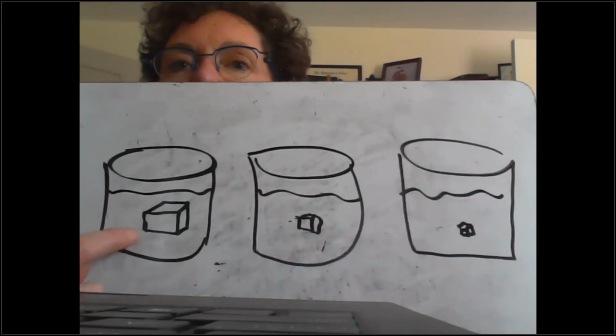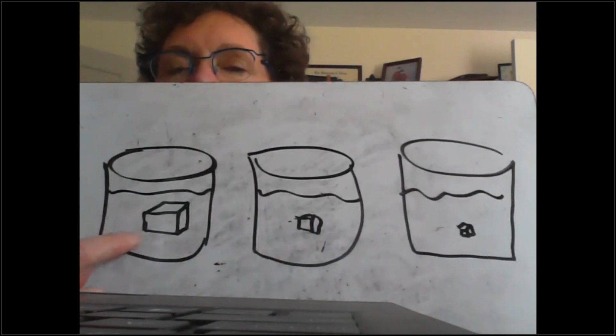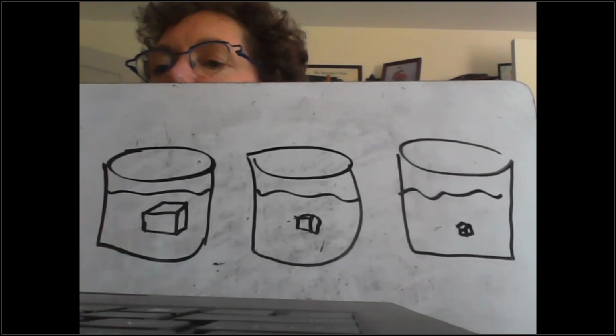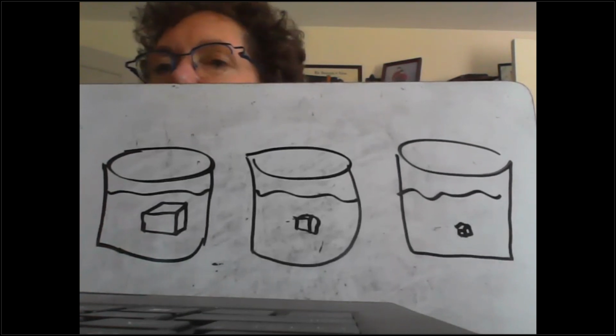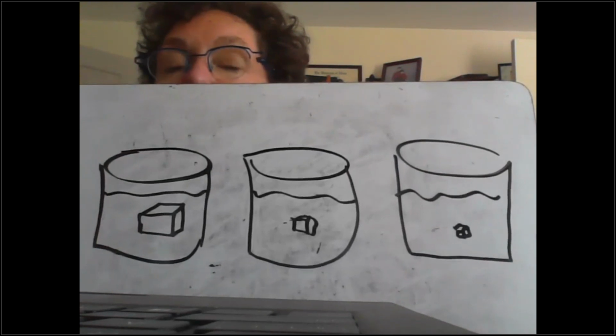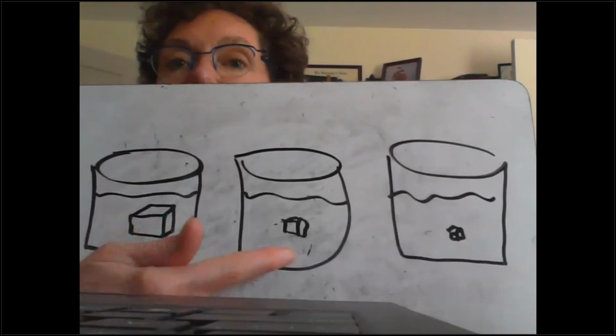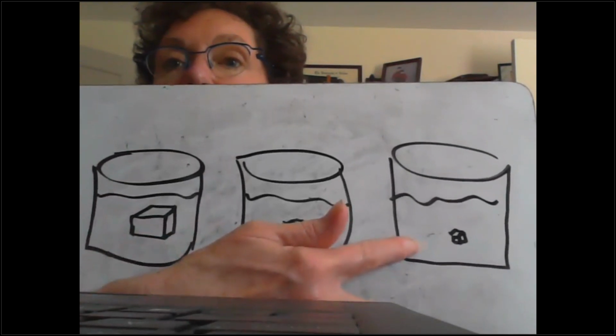But they all have the same amount of water at the same temperature in the same kind of container. I'll use a stopwatch and measure at 1 minute, 2 minutes, 3 minutes, 4 minutes, until I can't see any sugar left in each of them.